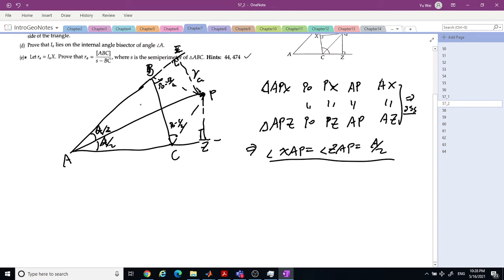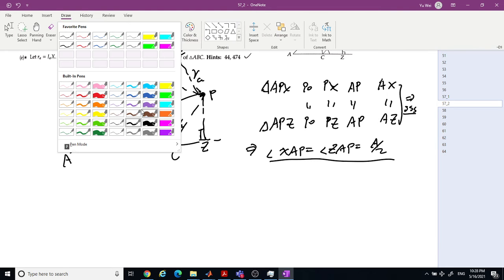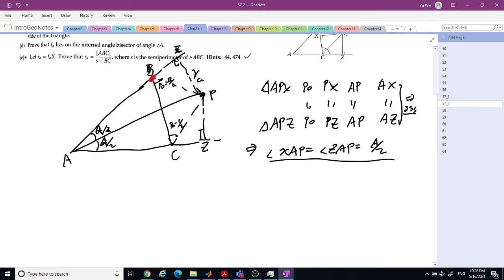This is the RA. So when we calculate the RA, we need to see the area of the triangle, okay? We see this triangle, okay? So the area of the ABC is equal to the area of the ABP plus the area of the triangle ACP minus the area of the triangle BPC.